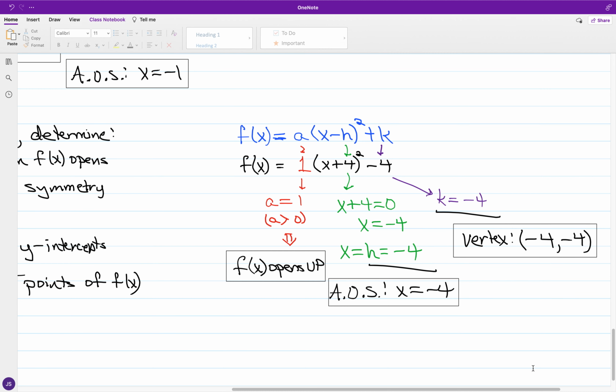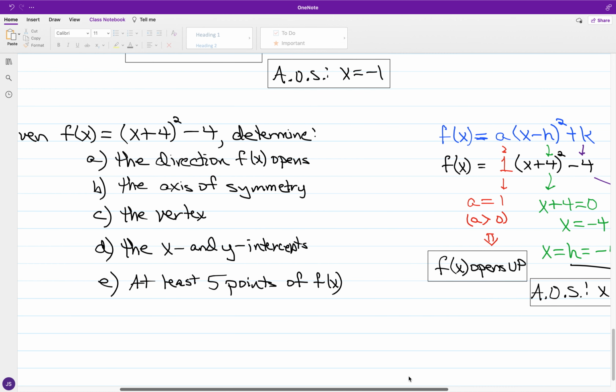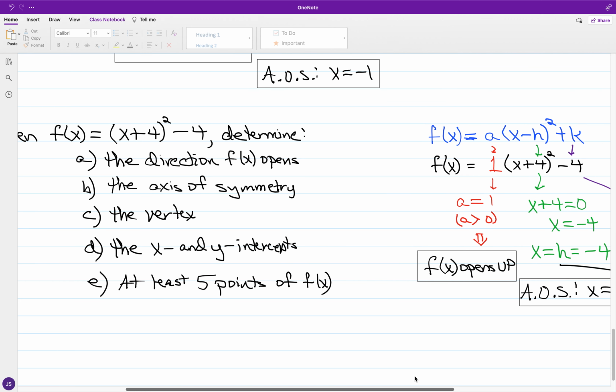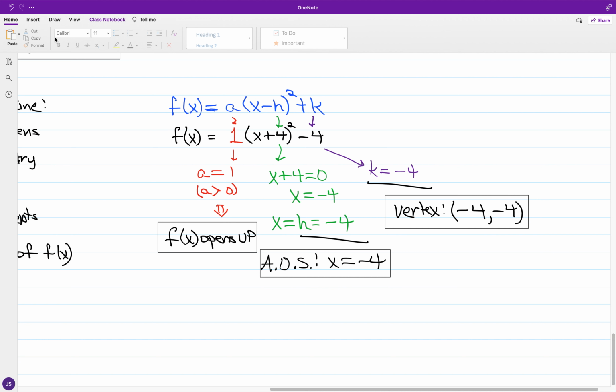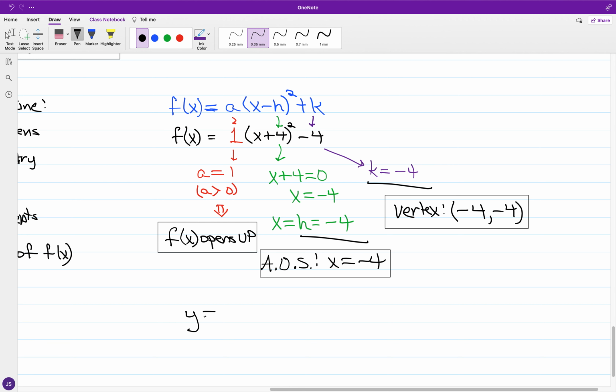Now, after the first three portions, for the intercepts, we're looking at x and y intercepts where they exist. Again, for the quadratic function, f of x is another way of saying y. And we have y is equal to the square of x plus 4, minus 4.